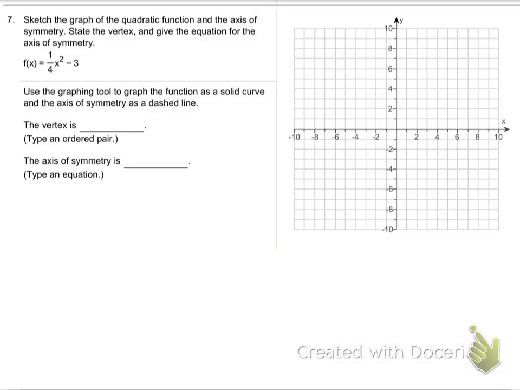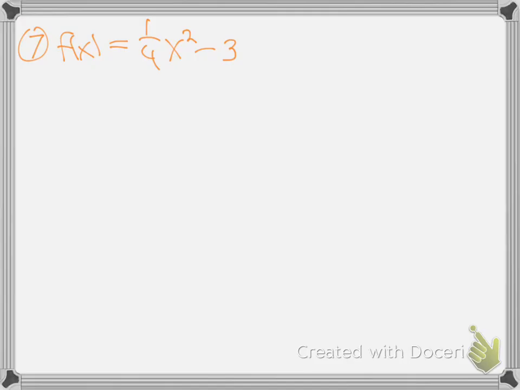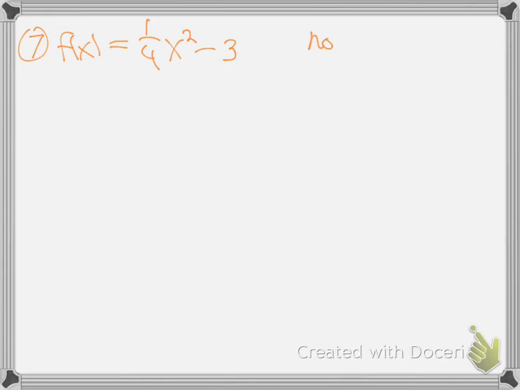Now, on the next problem, number 7, let me rewrite it here a little bigger for us. We're not going to have parentheses. So for this one, there are no parentheses squared.